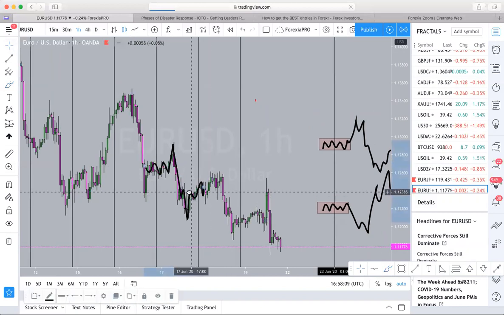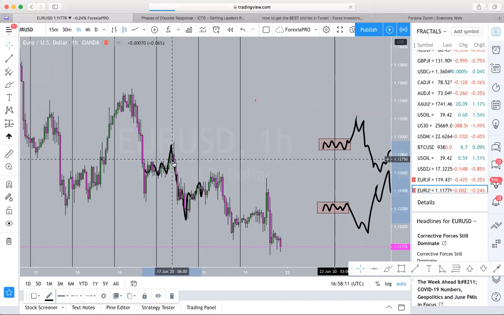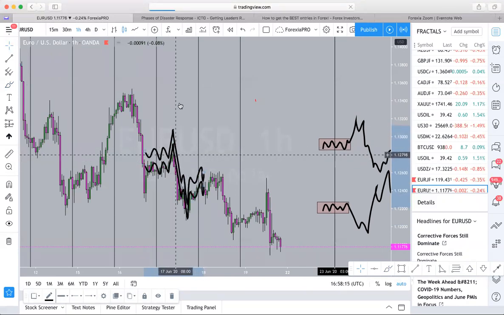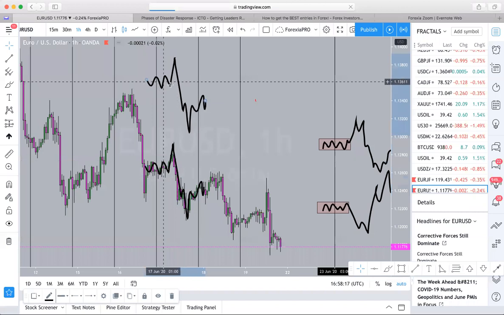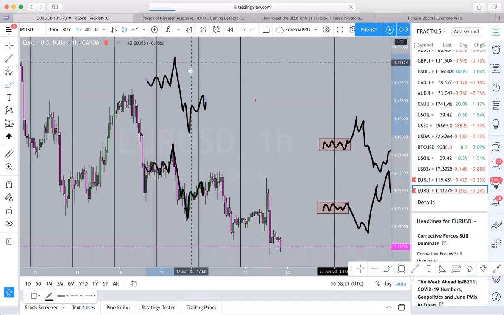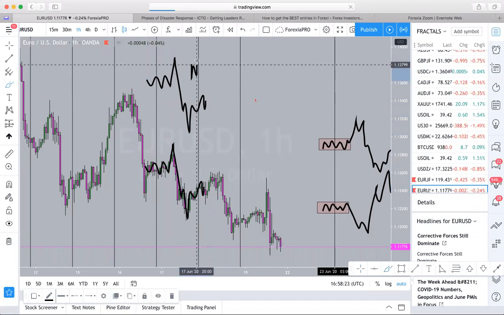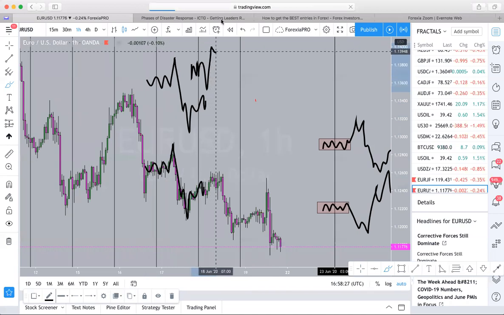However, just different variations. So we have this variation right here. Now the opposite of this variation would be a breakout to the downside and move to the upside. So we're going to use that as well. Be something like this, consolidation, breakout to the downside, and then move up.